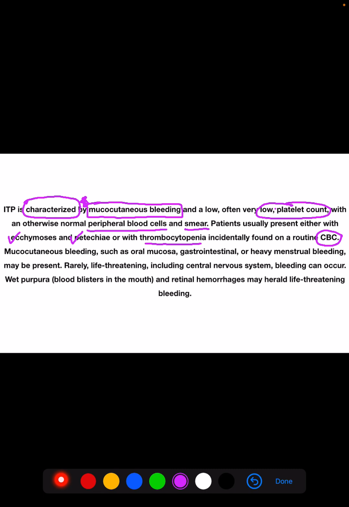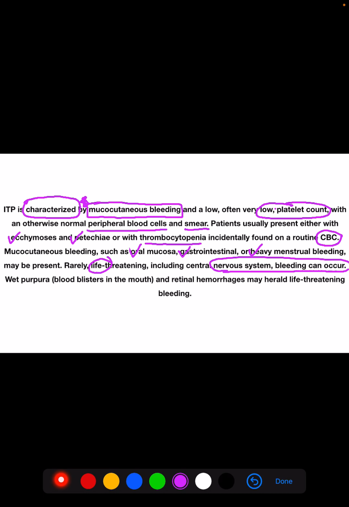Rarely, life-threatening CNS bleeding can also occur in patients with ITP.